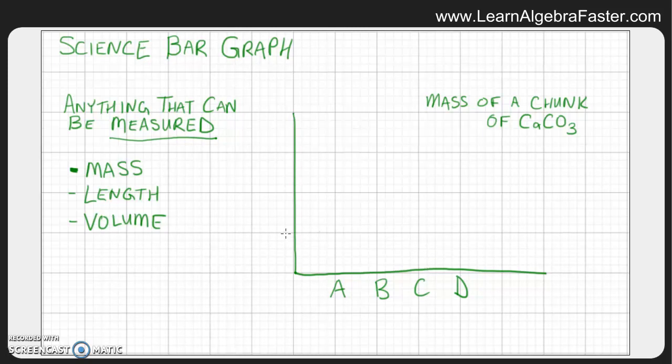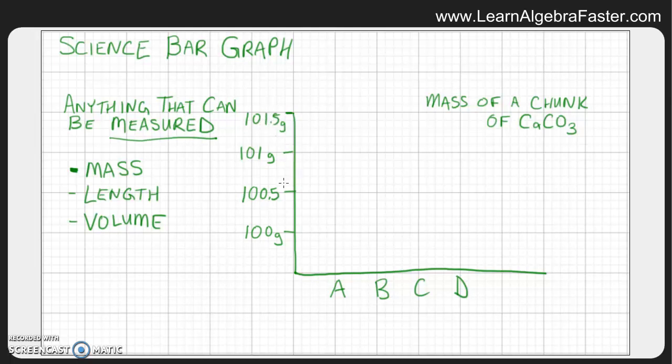And let's say that maybe we have 100 grams, 100.5 grams, and maybe 101 grams, and 101.5. Okay, so that's the scale. Our vertical axis starts out around 100 and goes up to 101.5 grams.